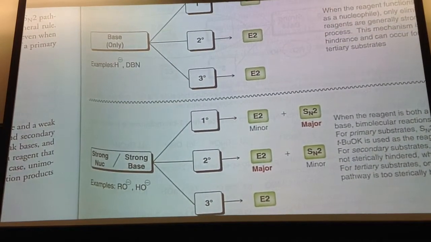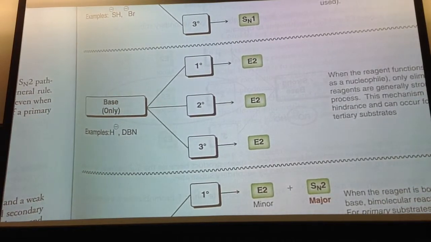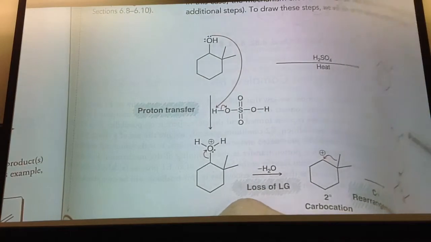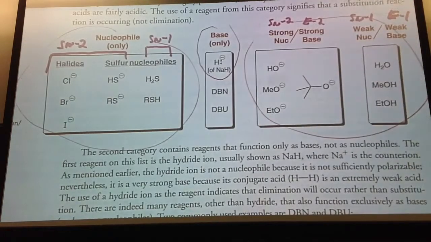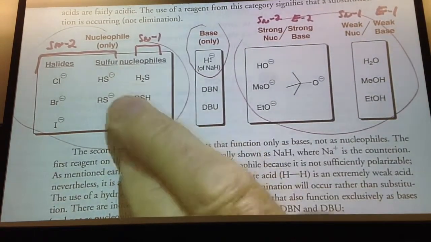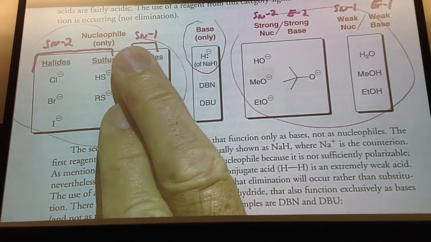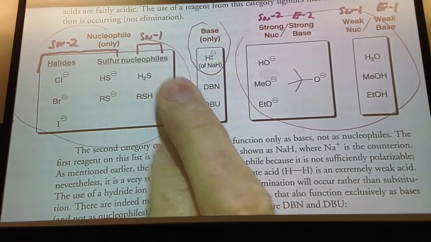What happens if this? So I would just say what you should do is understand this. It summarizes it a little bit better, a little bit more succinctly. What you see to the left, these guys act as nucleophiles. You get SN2 for the negative charge ones, you get SN1 for the neutral ones.